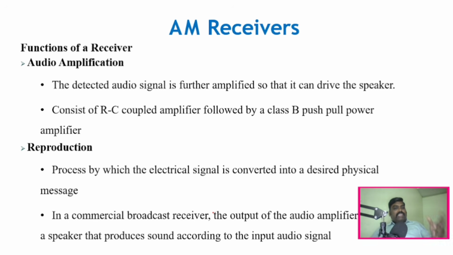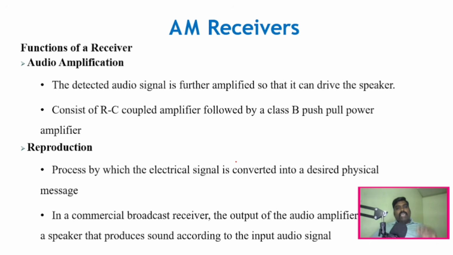And finally we reproduce the original signal, that is, the electrical signal will be converted into the desired physical message signal. In any commercial broadcast receiver, the output of the audio amplifier is fed to the speaker that produces the sound according to the input audio signal.